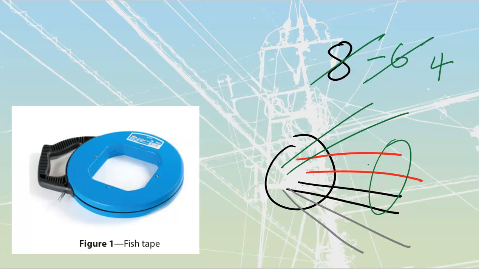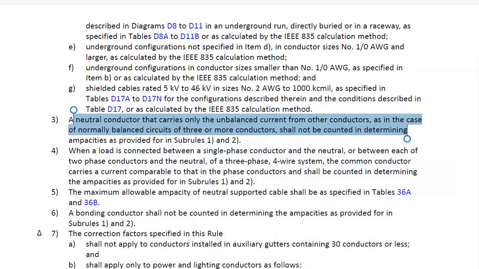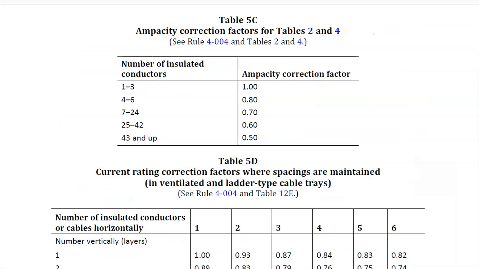Later on, once we get into third year in particular, we're going to see how the cancellation of current happens and why the neutrals shouldn't count and why the bonds don't count, because they're not carrying any active current over top of them. But if I needed to derate for these, going back into that, I can go down to my table. I'm just going to go to table 5C.